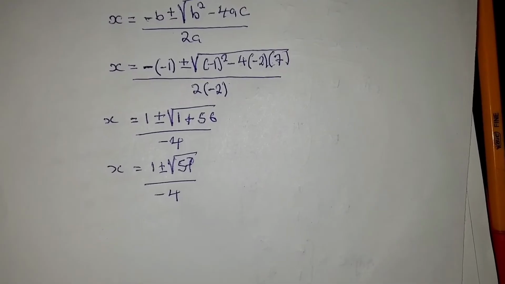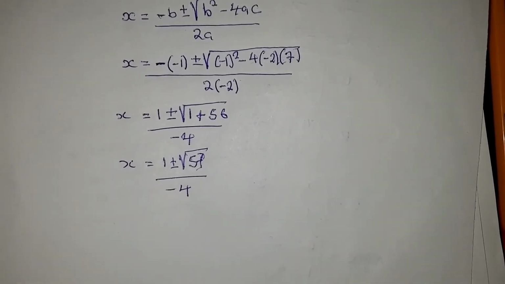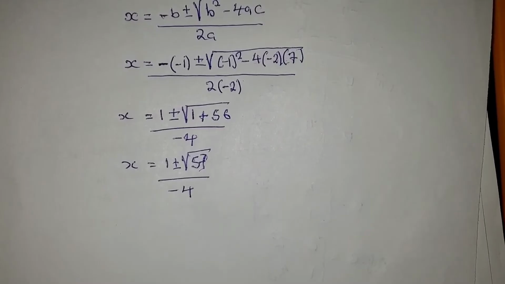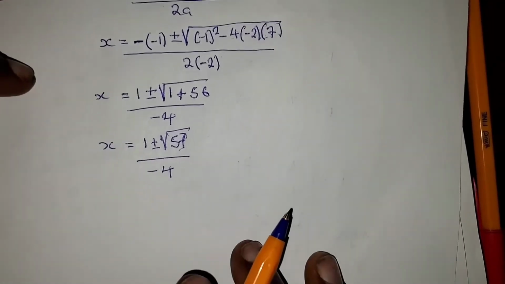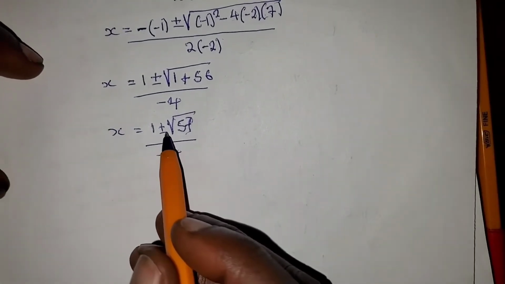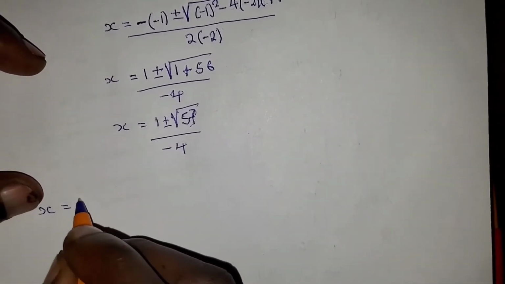Now when you reach here, you're going to find the square root of 57. Is it 57? Yes, 57. So this is what we find. So let's split this. x is equal to 1.